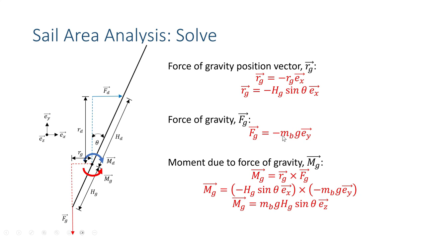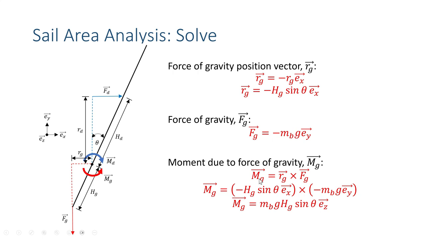So our F sub g is equal to negative our mass of the ballast times our gravity, because we have our force acting in this direction, and it is a mass times a gravity acceleration.